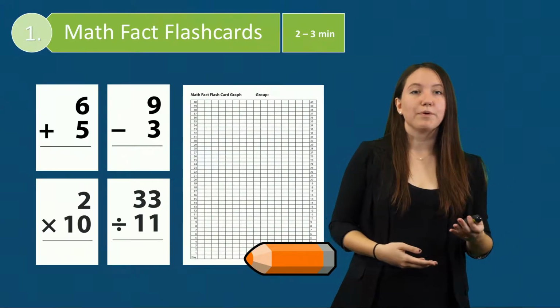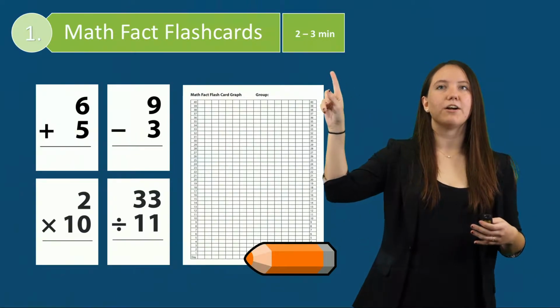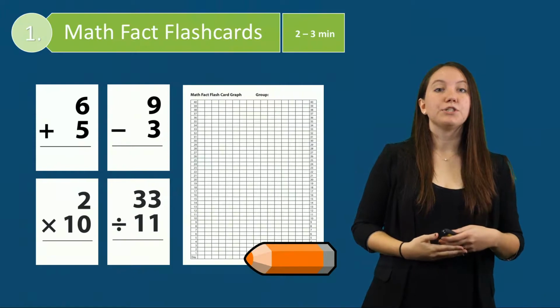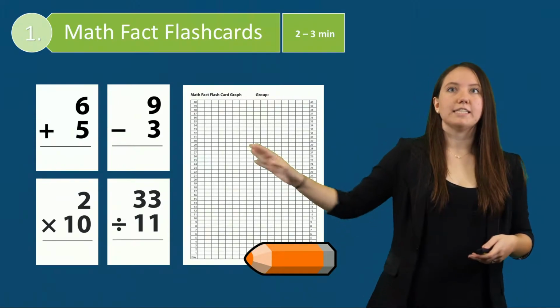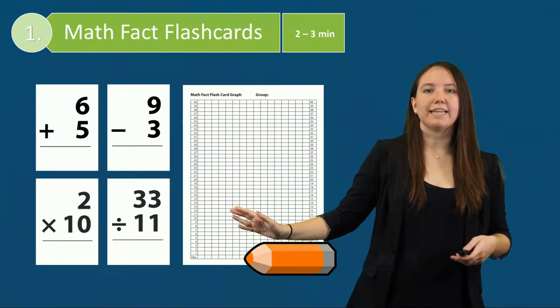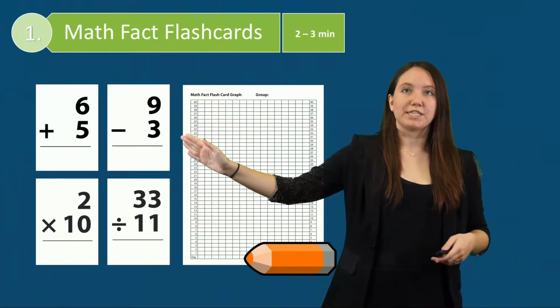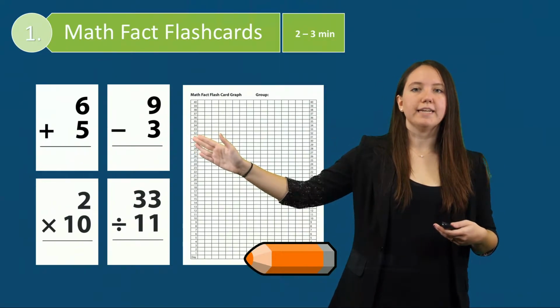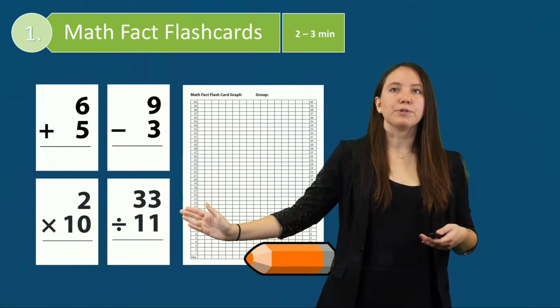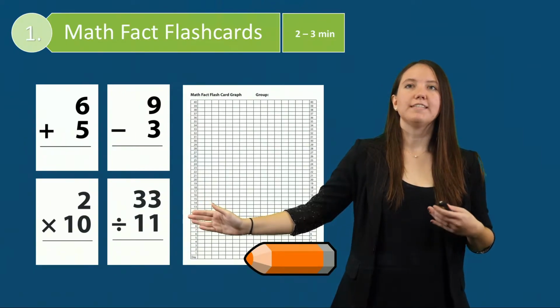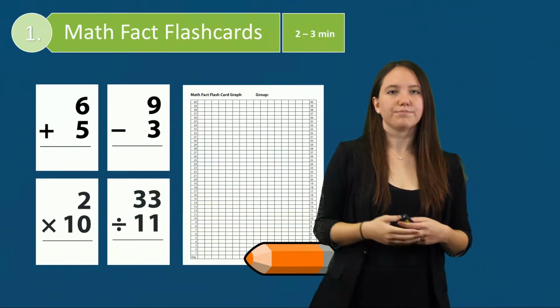So the first component of every lesson is MathLike Flashcards, which is a 2 to 3-minute activity. In this activity, students complete 2 1-minute trials of either addition and subtraction flashcards or multiplication and division flashcards in a round robin. Students complete addition and subtraction flashcards for lessons 1 through 30, and then once the equal group schema is introduced, students begin using multiplication and division flashcards for lessons 31 through 39.